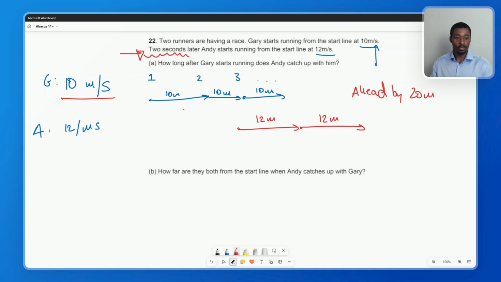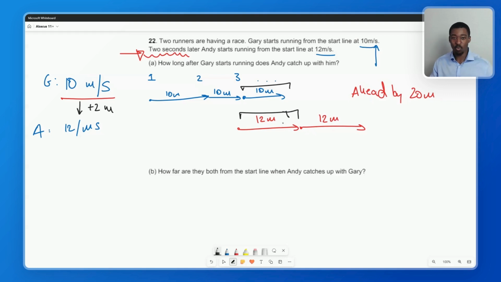What's the second thing we know? We know that compared to Gary, Andy is running 2 meters more every single second. So every second, remember, Gary's running 10 meters. In that same second, Andy's running 12 meters. So every second he's running 2 meters more.